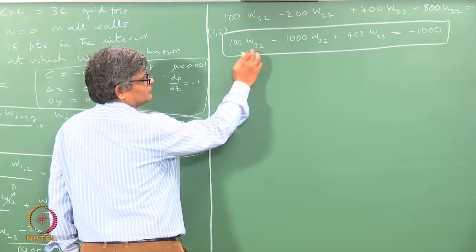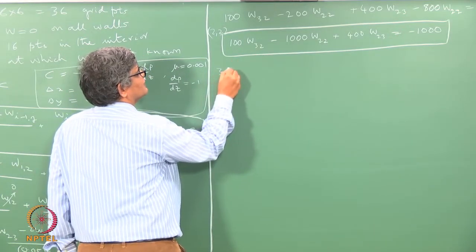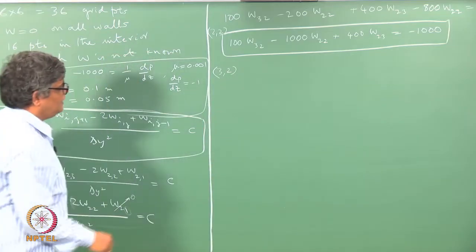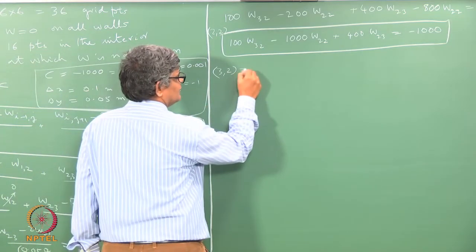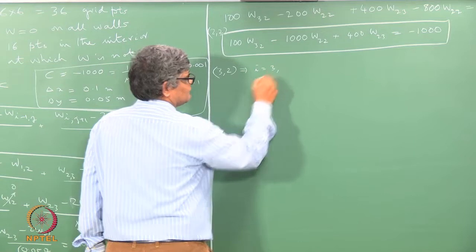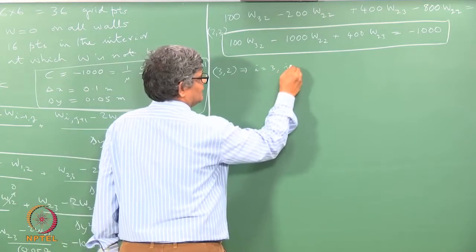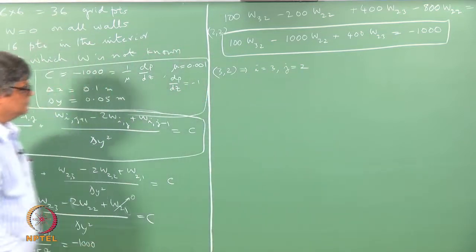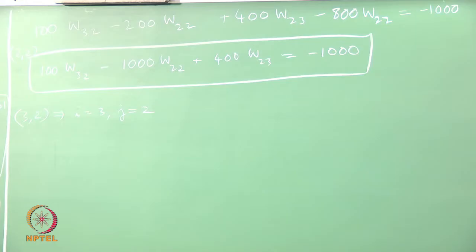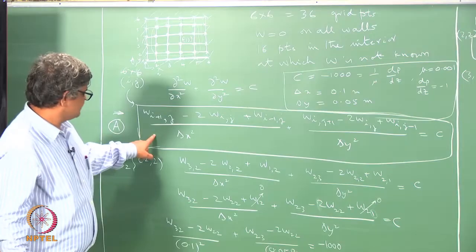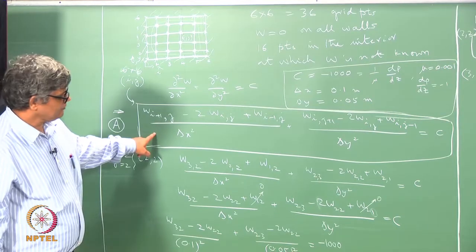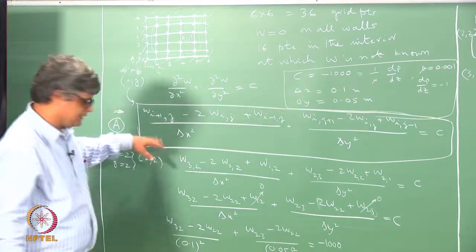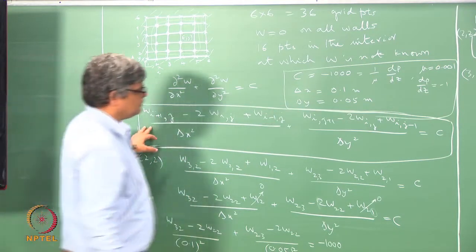In order to get W32 we need to write the equation at point 3,2 here, and point 3,2 means that i is equal to 3 and j is equal to 2. So, let us come back to equation A and then substitute i equal to 3 and j equal to 2. What do we get?